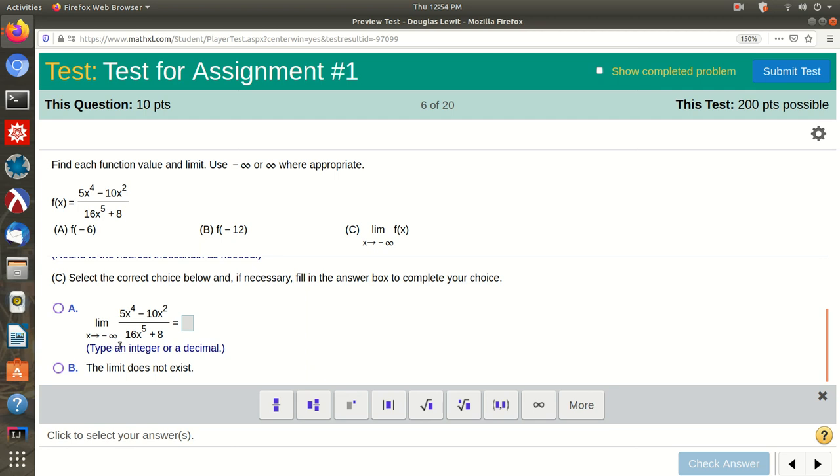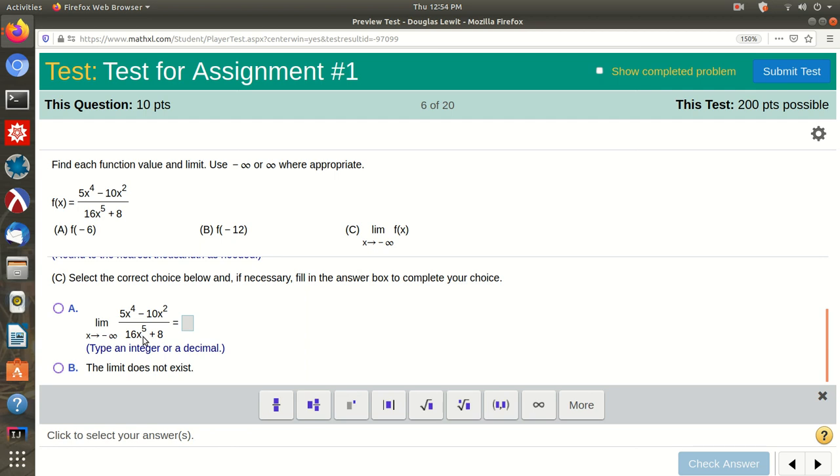What happens when x becomes extremely negative? Well, you have to look at the power of the numerator and the power of the denominator. The numerator is a polynomial of degree 4. The denominator is a polynomial of degree 5.